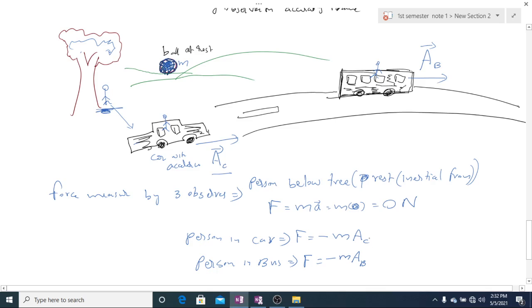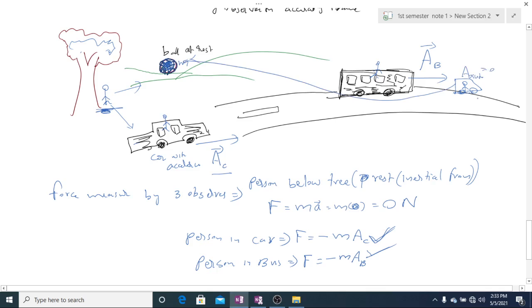Okay, where do these two forces come from? Even the stationary observer didn't get such a force. Actually these two forces come from the acceleration of their own frame of reference, the acceleration of their own coordinate system. If an auto is traveling with a constant velocity, therefore the acceleration of the auto is 0. He is measuring the force on the ball.